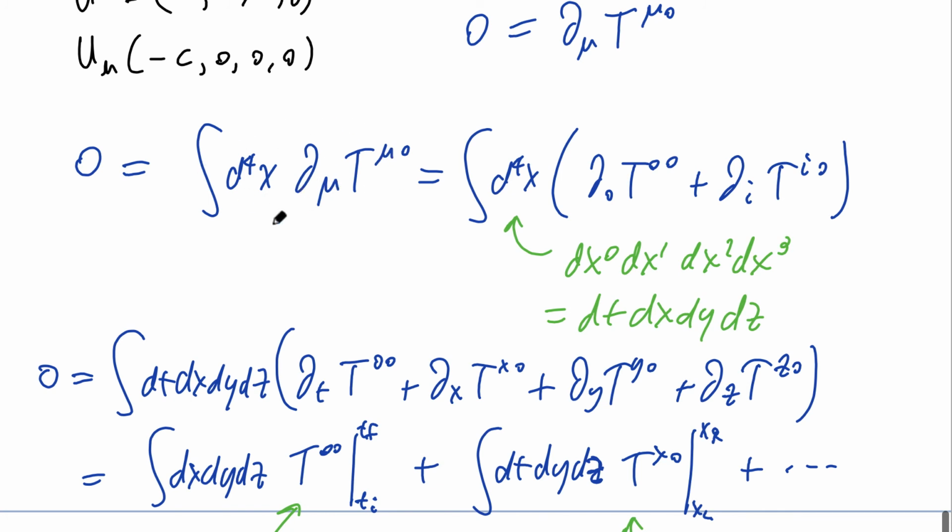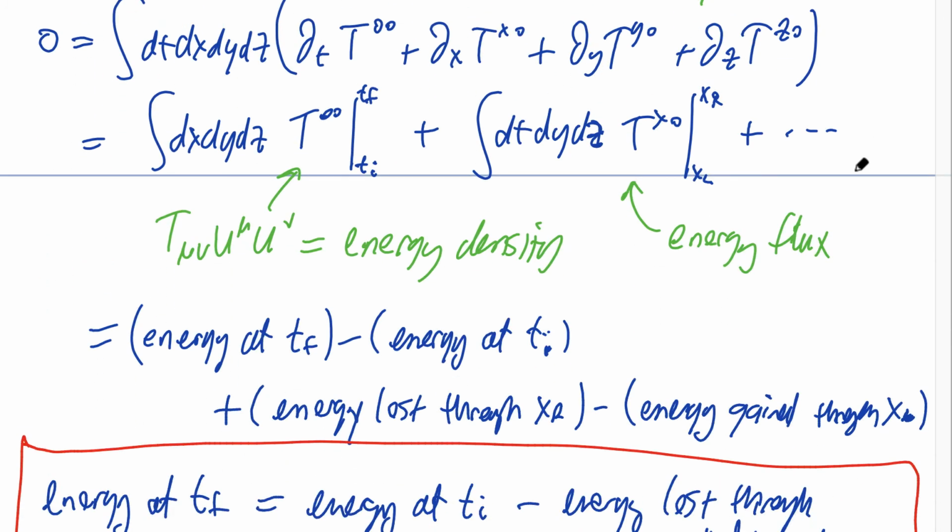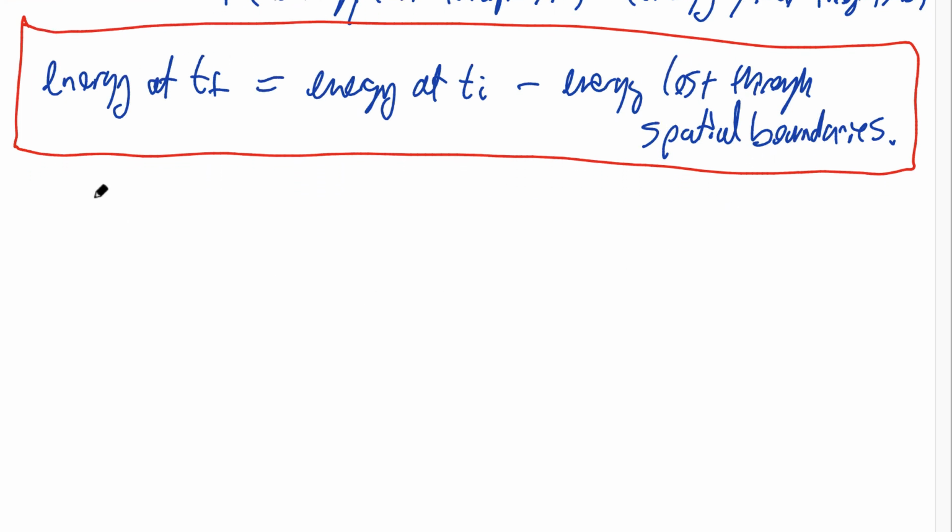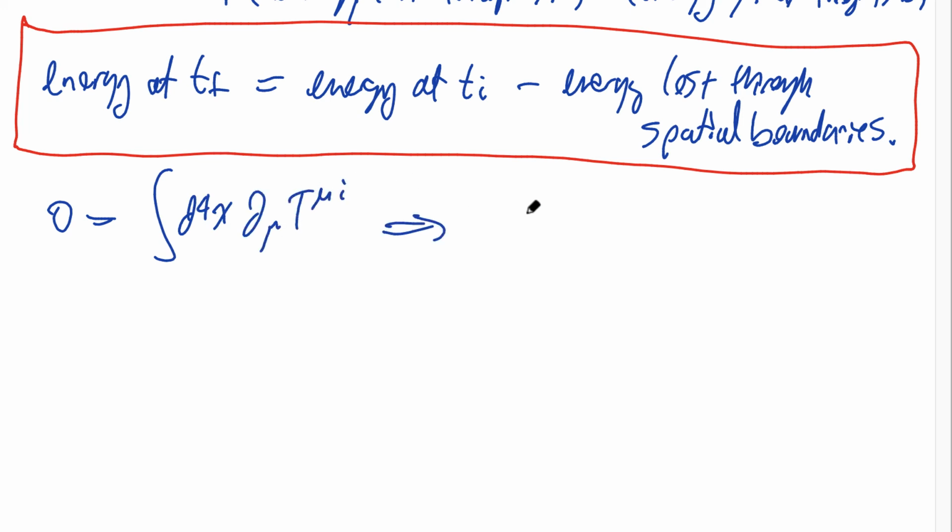And we can do a similar calculation by integrating ∂_μ T^{μi}, where i is a spatial index. So we can write 0 equals the integral d⁴x ∂_μ T^{μi}, and that gives us momentum conservation.